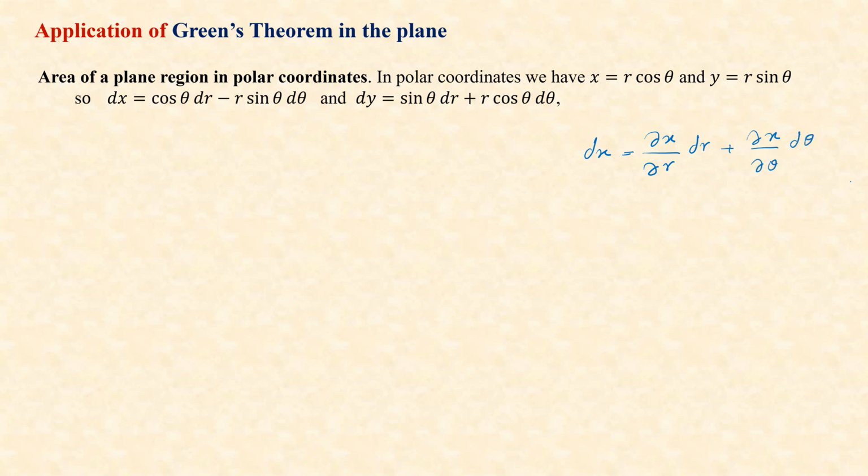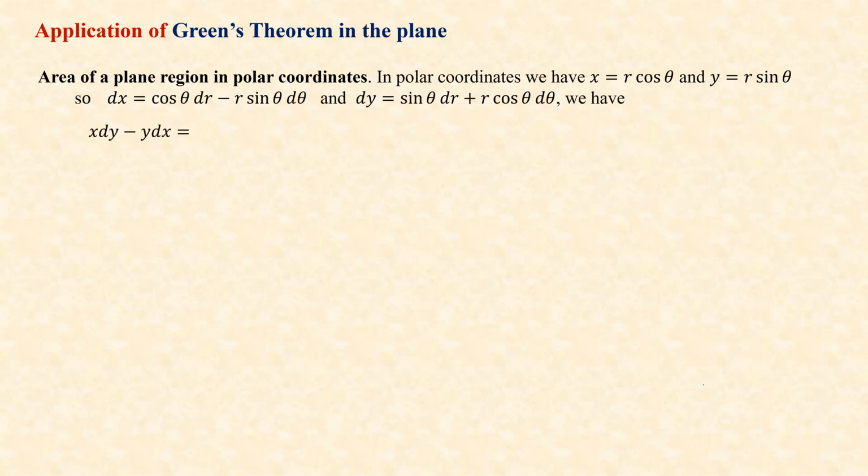This is the general differential from the chain rule in multivariable calculus, and then you see that dx becomes that, because partial x with respect to r becomes cosine theta dr, plus partial with respect to theta of x becomes negative r sine theta d theta. So you see, that's the same with this one.